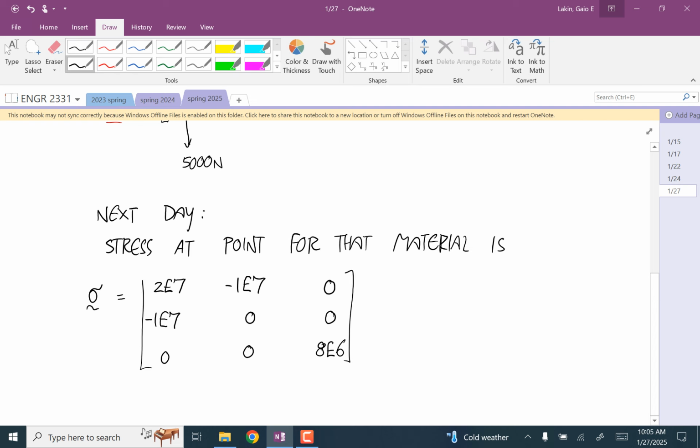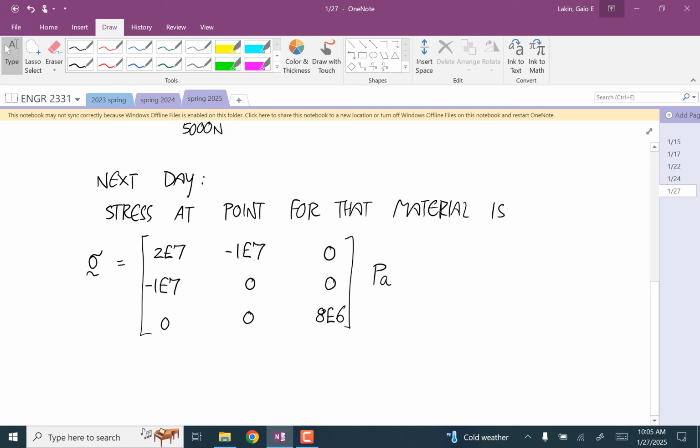And that's all just in pascals. And the question is, what's the strain? We'll do the Voigt strain at that point.